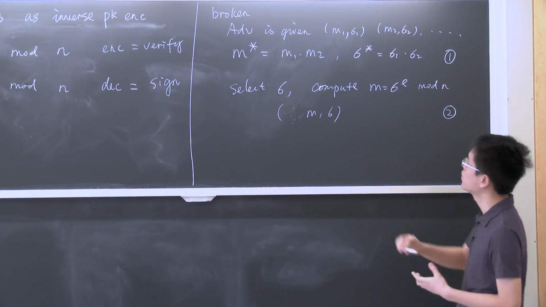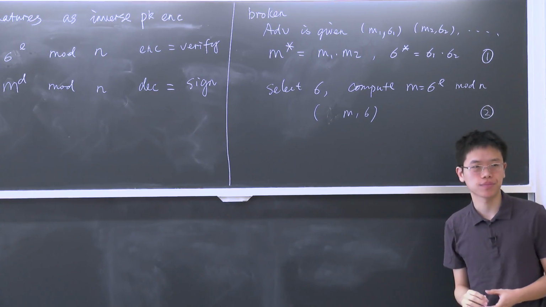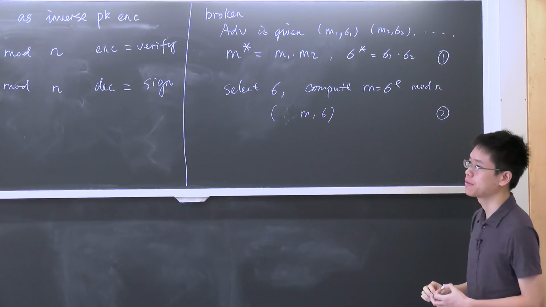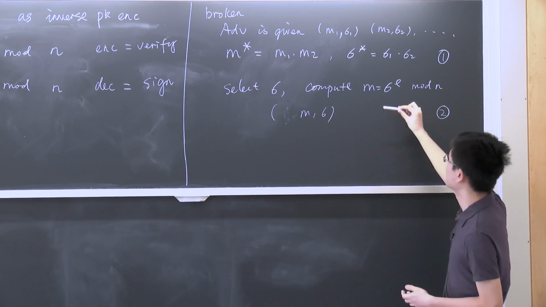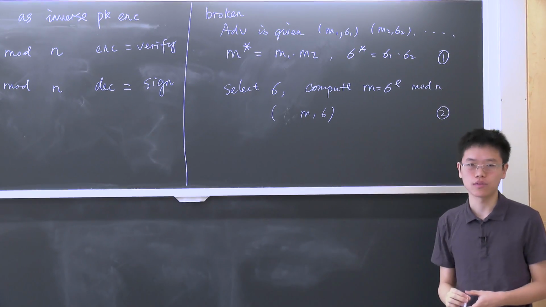So what do we want to do? We want to break this multiplicative property, and we want to break this step, whatever it's called.